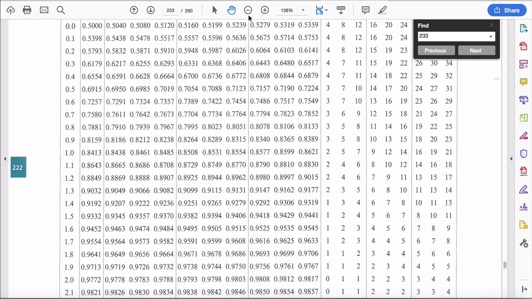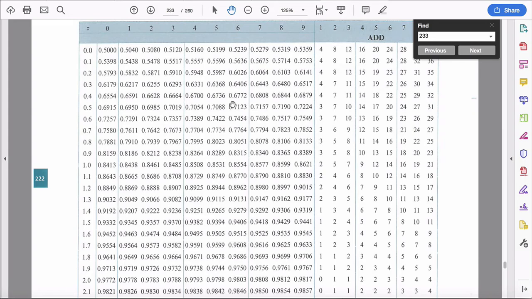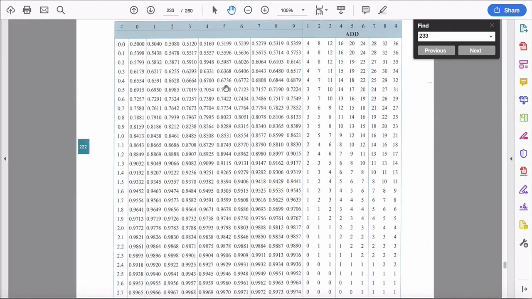Let me make it smaller. I would like you to see all together. 2.1 is here. 2.11 is here. So remember, phi of 2.11 until here will be 0.9826.